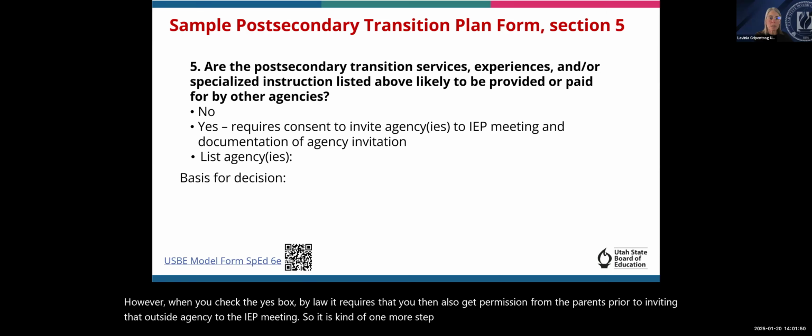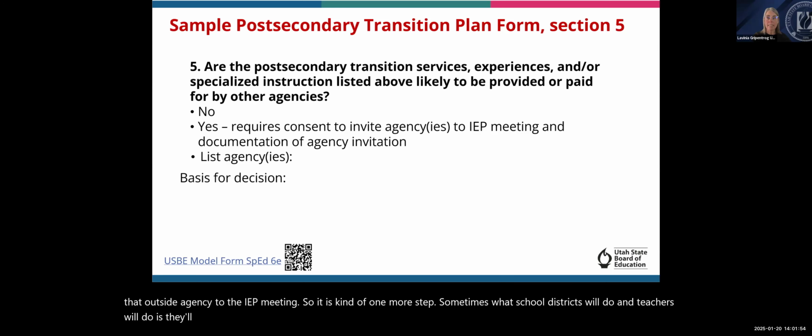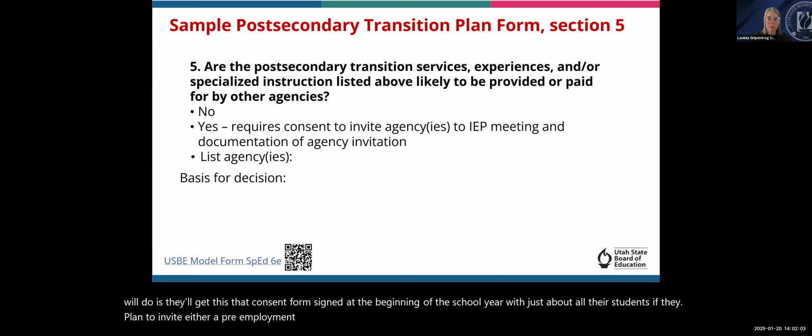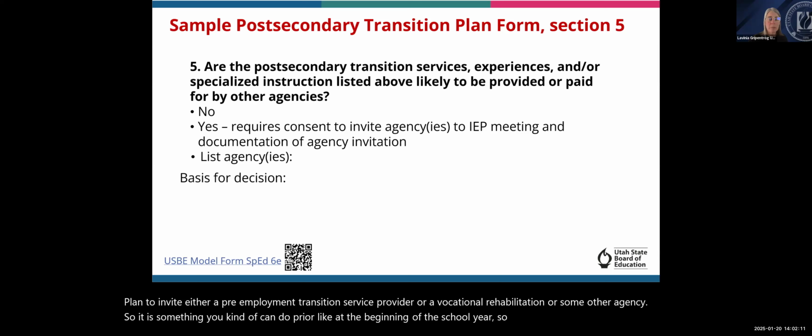Sometimes what school districts will do and teachers will do is they'll get that consent form signed at the beginning of the school year with just about all their students if they plan to invite either a pre-employment transition service provider or a vocational rehabilitation or some other agency. So it is something you can do prior, like at the beginning of the school year. So you've kind of done it for all the IEPs.